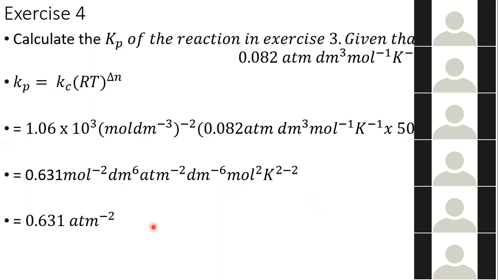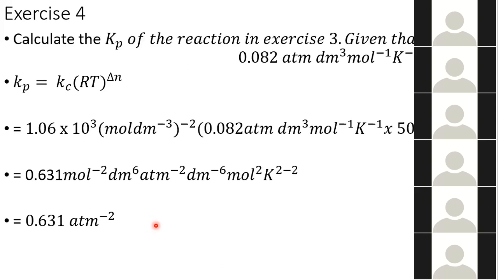Then the other side, you have decimeter raised to the +6. So when you're applying this, dm to the 6 multiplied by dm to the -6 will give us dm to the 0. So in effect, that will go off.